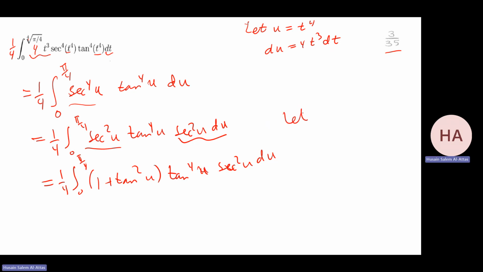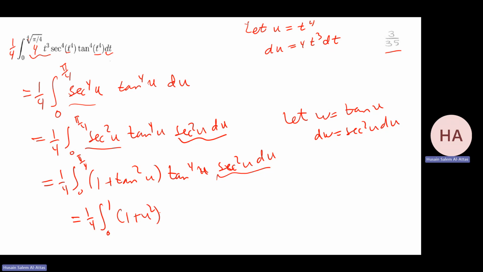I let w now, tan u, dw will be secant square u du. That gives me 1 over 4, 0 to 1 of what? Of u to the power 4 times 1 plus u square du. So it's 1 plus u square u to the power 4 du.